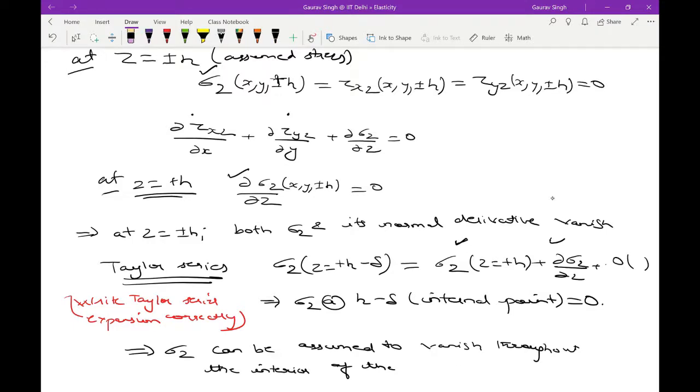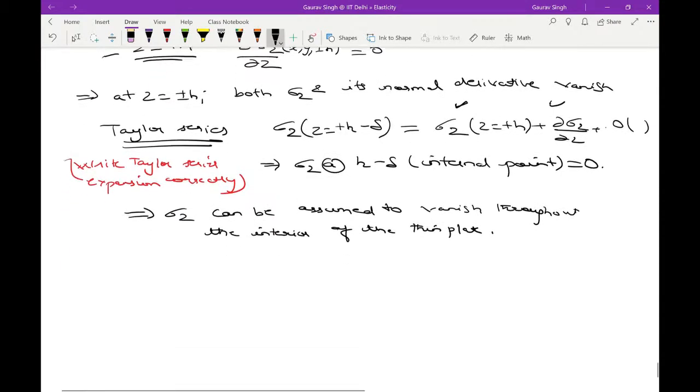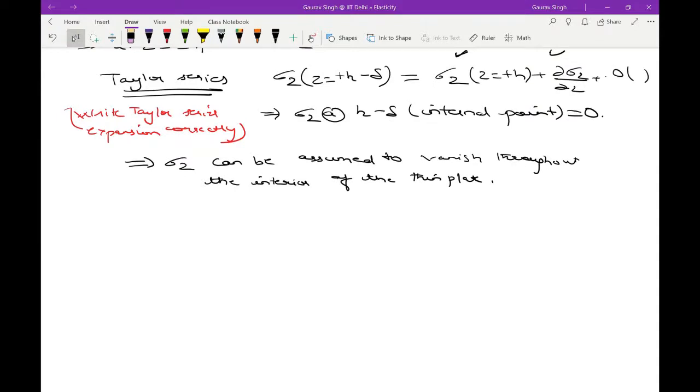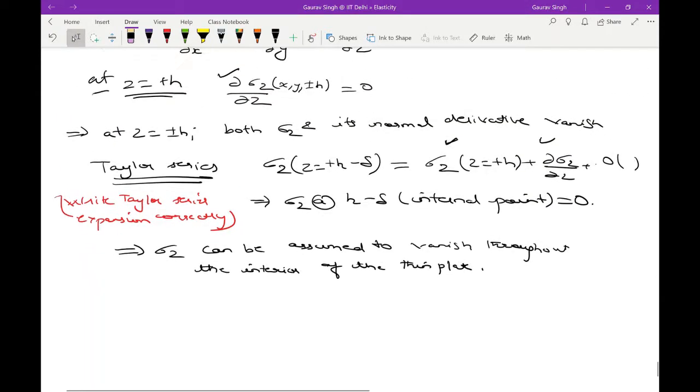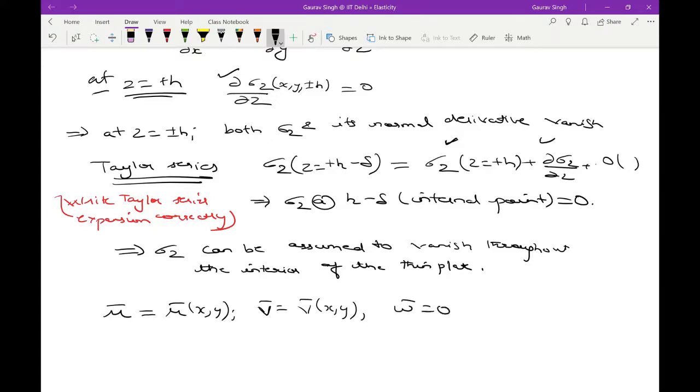Thin plate to be mentioned. Now if you just take the average of the remaining fields, then you would find that u bar is equal to u bar (x, y), v bar is equal to v bar (x, y), and w bar is equal to 0.